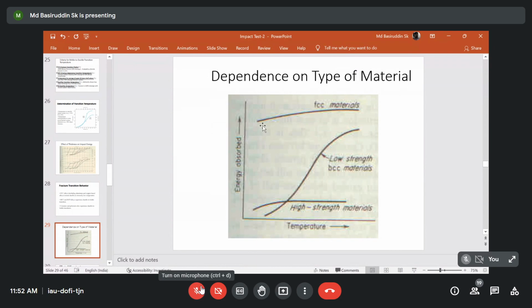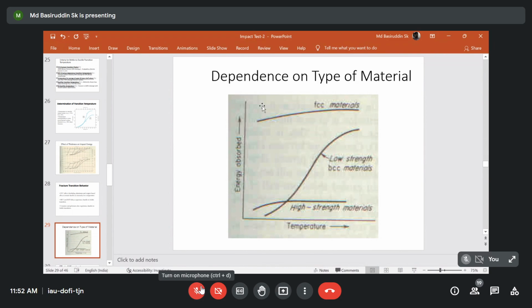But for FCC material, though you are applying load at very low temperature, before bond breaking, the atoms will prefer to glide over the slip planes. That is why plastic deformation happens significantly in FCC material.